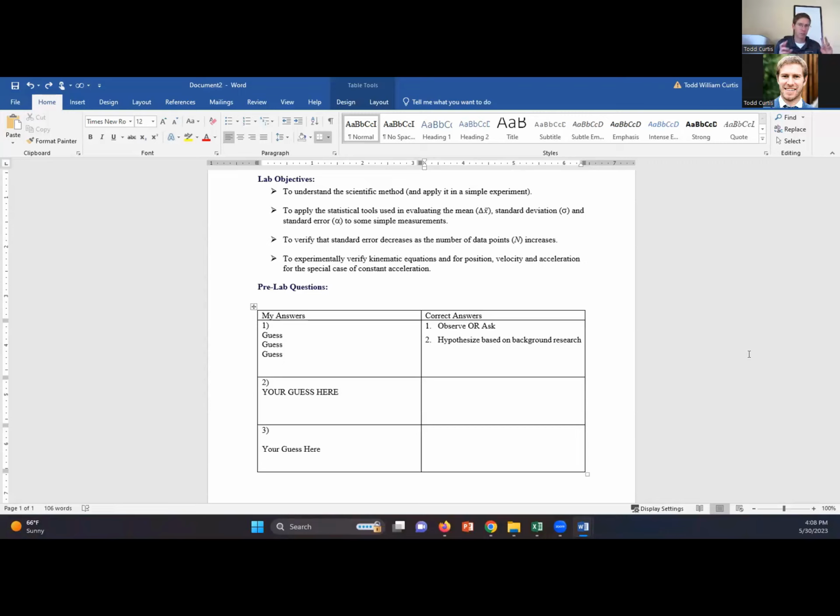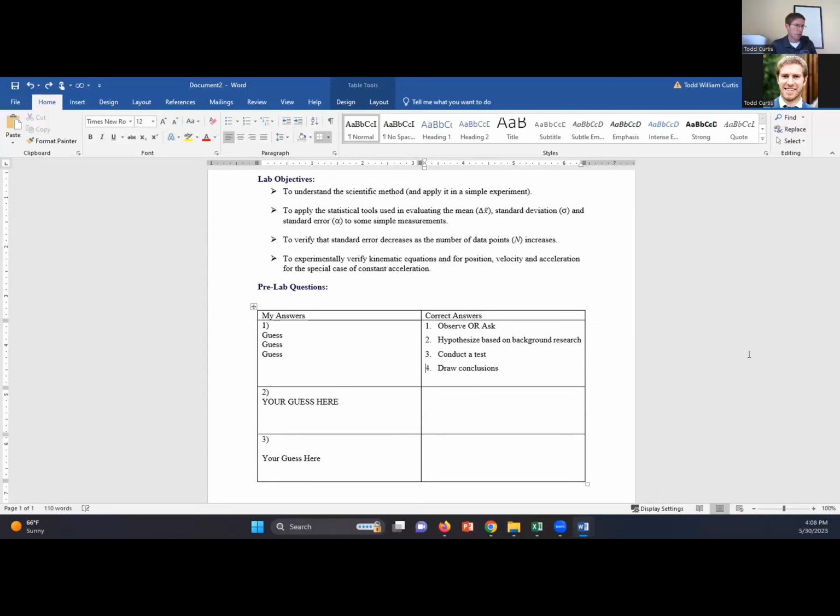So most of the times your background research will really be watching the lecture videos and getting a grasp of the physics we're dealing with. So you want to make an observation, ask a question, make a hypothesis based on research, and then you conduct a test to test that hypothesis. So you test your hypothesis, and then you draw conclusions based upon that hypothesis.